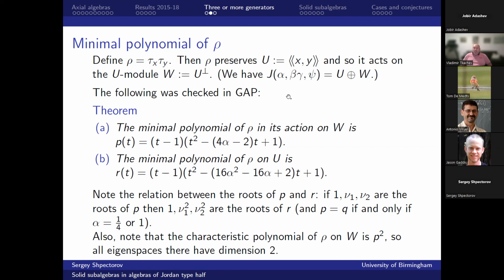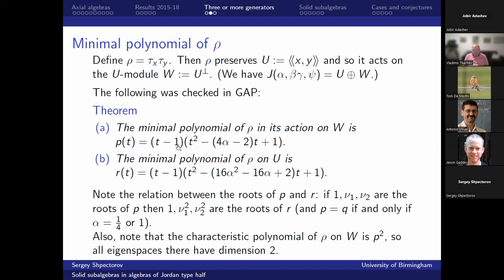Well, anyway, we can check a few properties of the action of rho on the algebra in GAP, because everything is very explicit. In particular, the minimal polynomial of rho in the action on U is given by this polynomial R of t. It has 3 roots, 1 and 2 further roots. And the action on W is given by another polynomial.